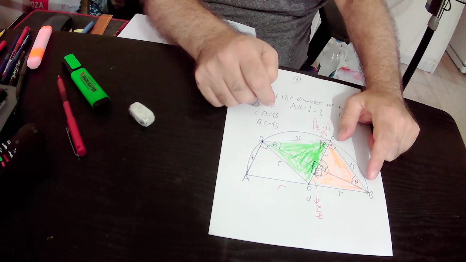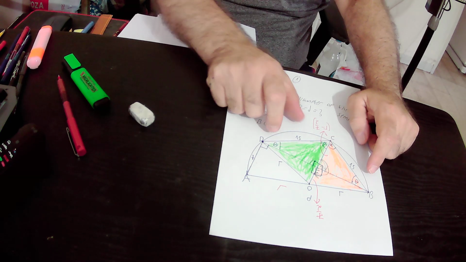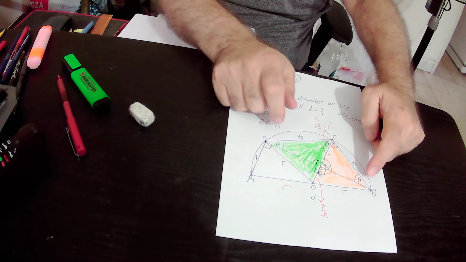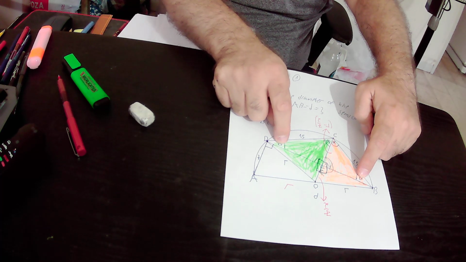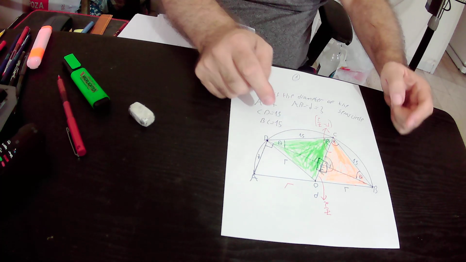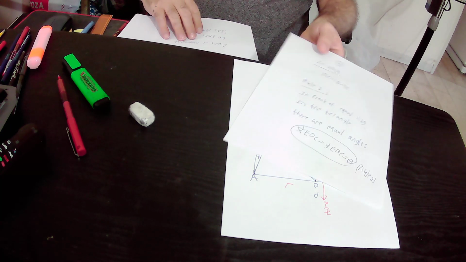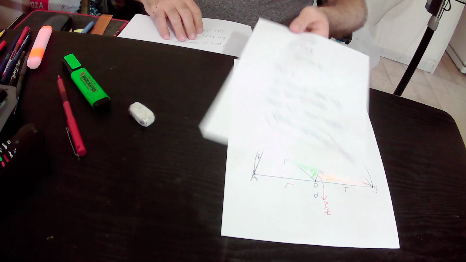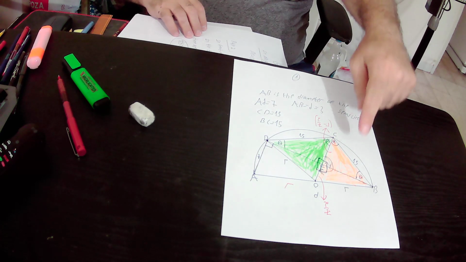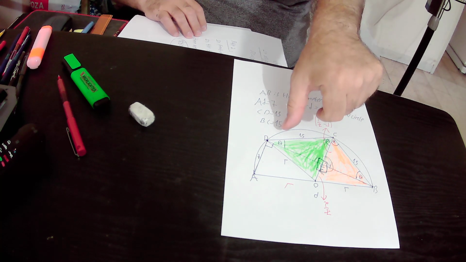So in front of this side we have this angle, and in front of this side we have this angle. According to rule number 2, those two angles are equal, so angle EDC equals angle EBC, and we defined angle EBC as theta, therefore this angle will also be equal to theta.